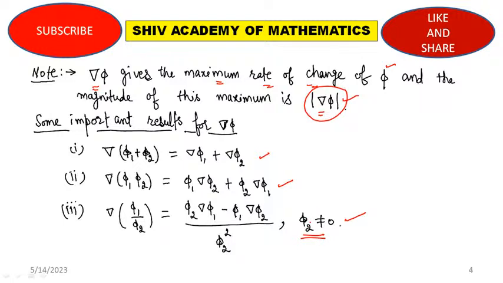So these are some results which can be helpful in your exams to compute the maximum rate of change of phi or the magnitude of the maximum.